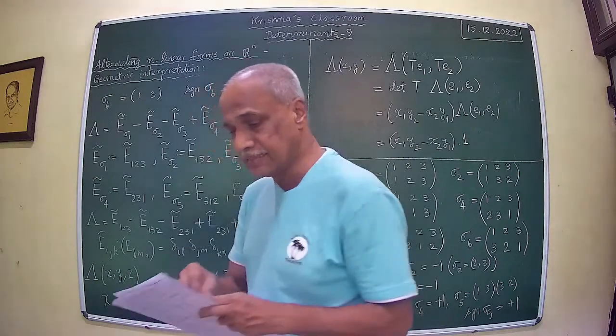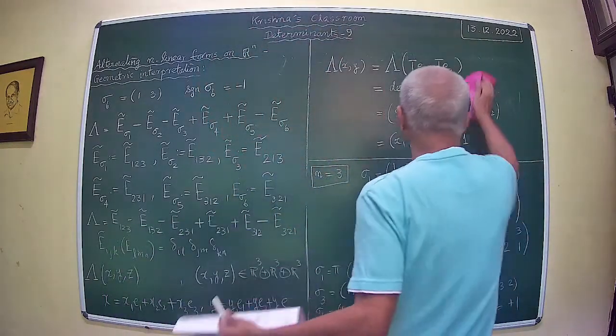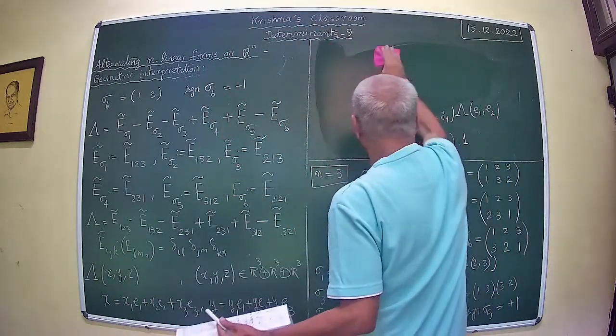Now I take Z to be represented by z1, z2, z3.